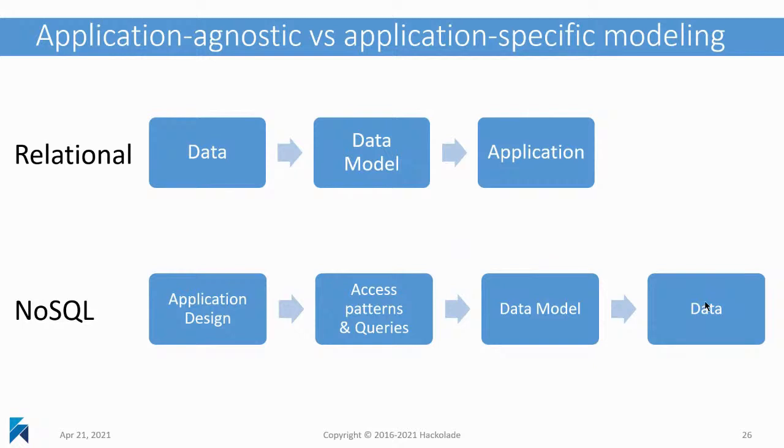I guess my question is, it follows from this that there are going to be things that emerge for NoSQL databases like Cosmos DB that are good practices that would be anti-patterns in relational databases, and vice versa. Things that are anti-patterns but would perhaps be a good practice in a relational database.